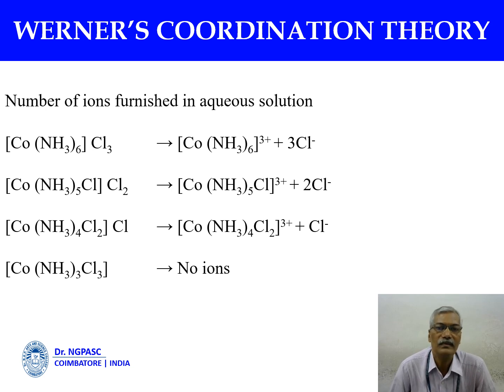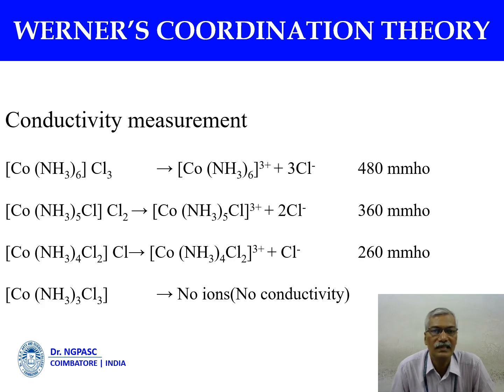Now, how did Werner come up with these structures? It's all because of the method he adopted. The first is conductivity measurement. He made conductivity measurements of those compounds, and he found that compound 1, which furnishes more ions, has more conductivity.